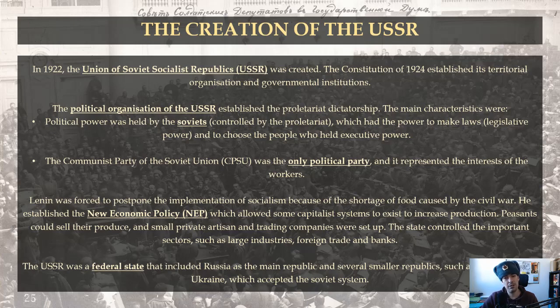The USSR was organized as a proletariat dictatorship, remember, following Marxism, and the political power was held by the Soviets, which were controlled by the proletariat. Well, they were controlled by the Communist Party.